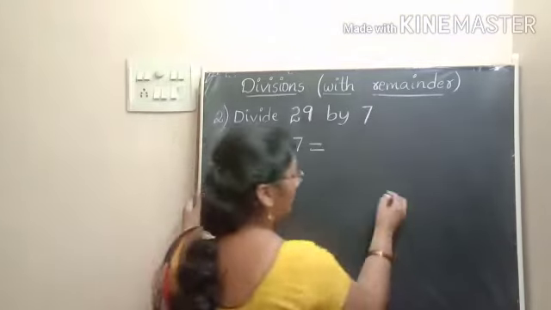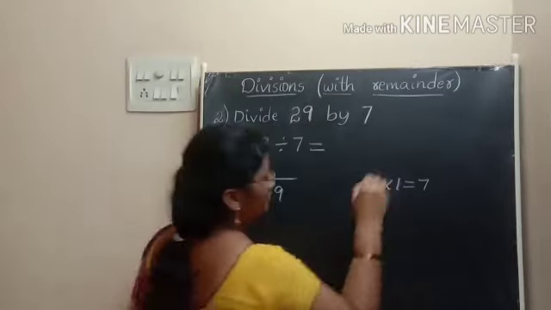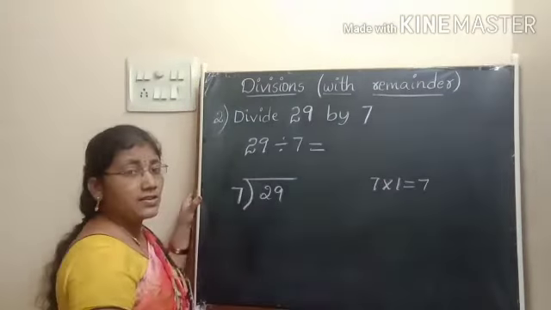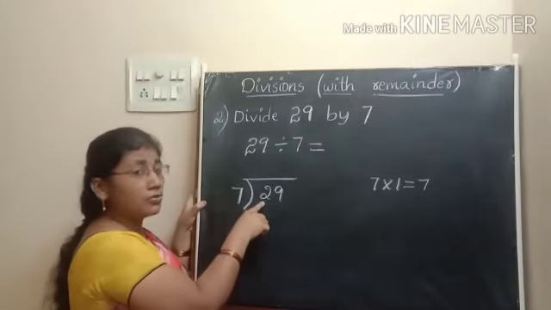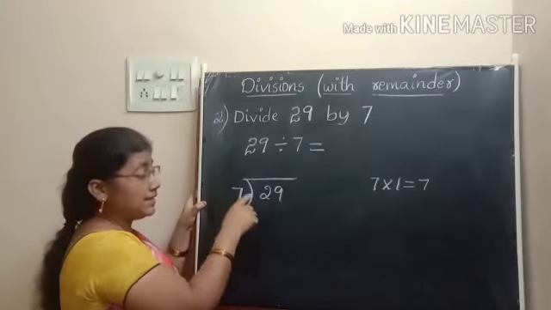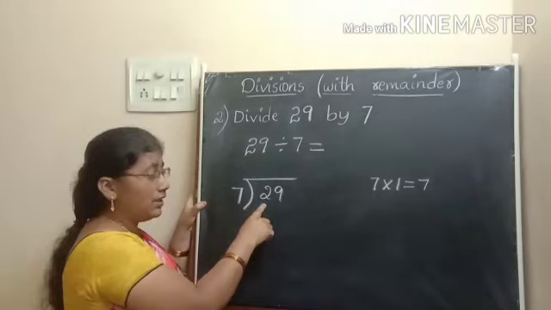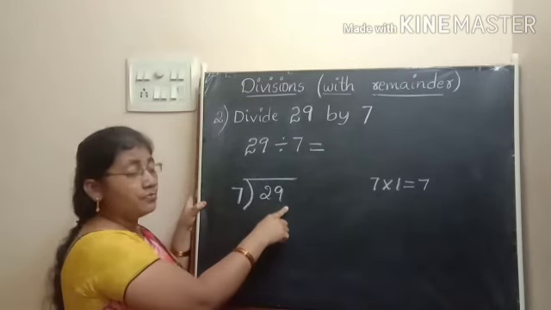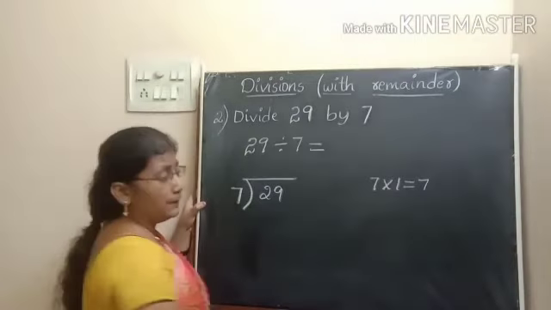Look here, 7 ones are 7. Do you have 7 here? No, we have 2 in first place. But this is less than divisor. So we should take 2 digits at a time. That is 29. So up to 29 we have to take 7 table.